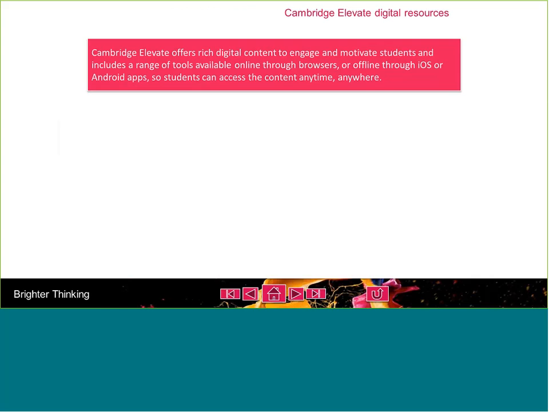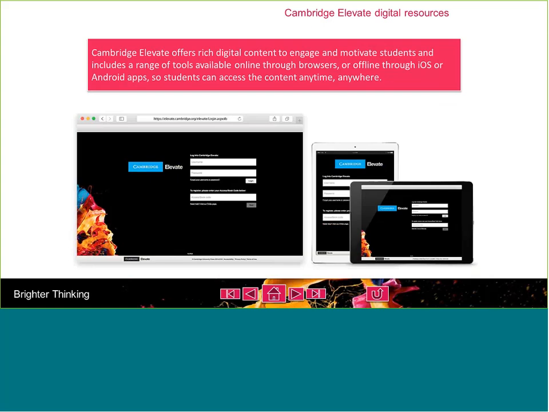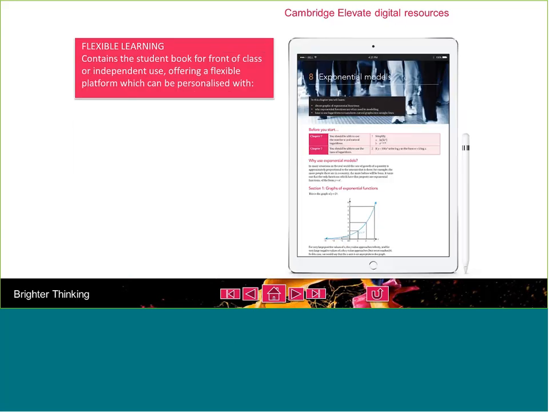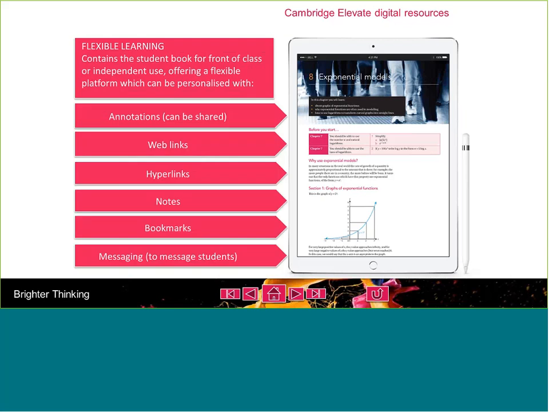We have a digital platform which offers rich content and basically allows you or your students to engage with the material either using a PC or a tablet. Totally flexible learning, so you have the student book in a flowable text format, in a form that you can annotate, and your annotations can be shared.